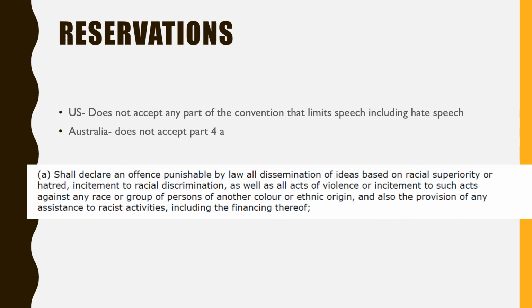Of course, the United States would also have a reservation about this part of the convention because the United States clings to the idea that free speech includes hate speech. And we can see where that has got the United States.